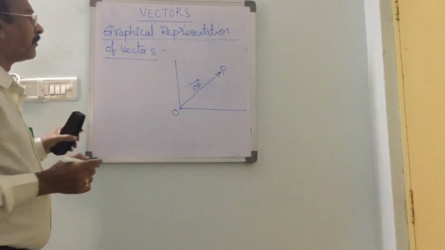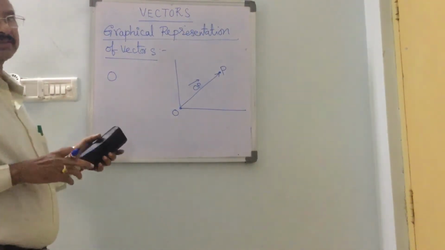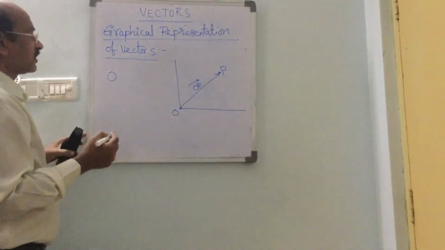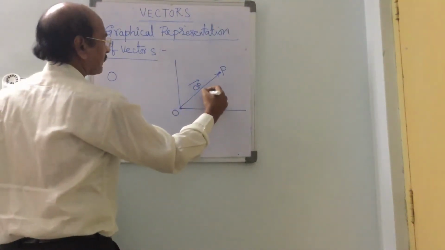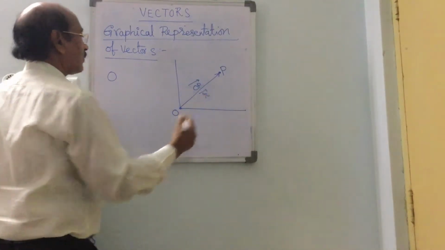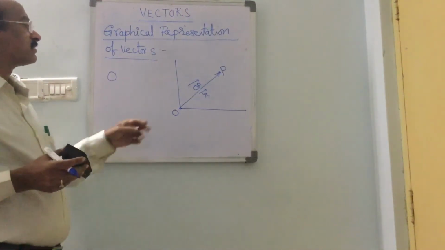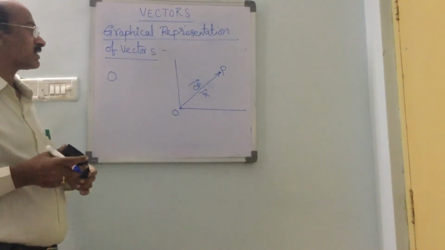Vectors are sometimes represented by single letters or sometimes with two letters.